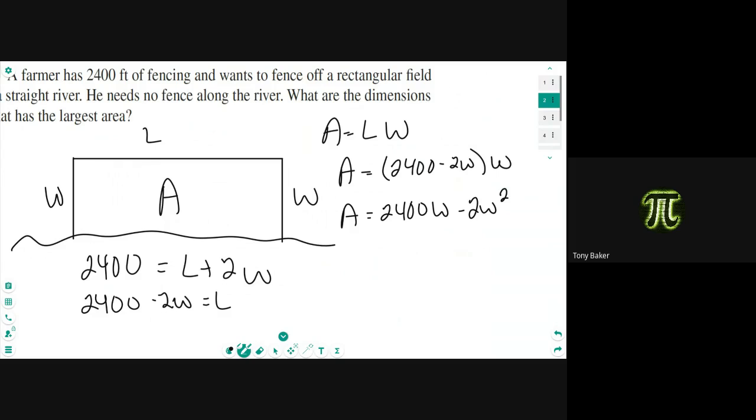If I set area to 0, is that finding me my maximum value? Or is that finding where my area would be 0? There actually is a method to get to the answer we want that way, but that's more of the pre-calc method, because you find the two x-intercepts and then you find the average of them because it's a parabola, which would work out well for this problem, but not necessarily the easiest way to go about doing this one.